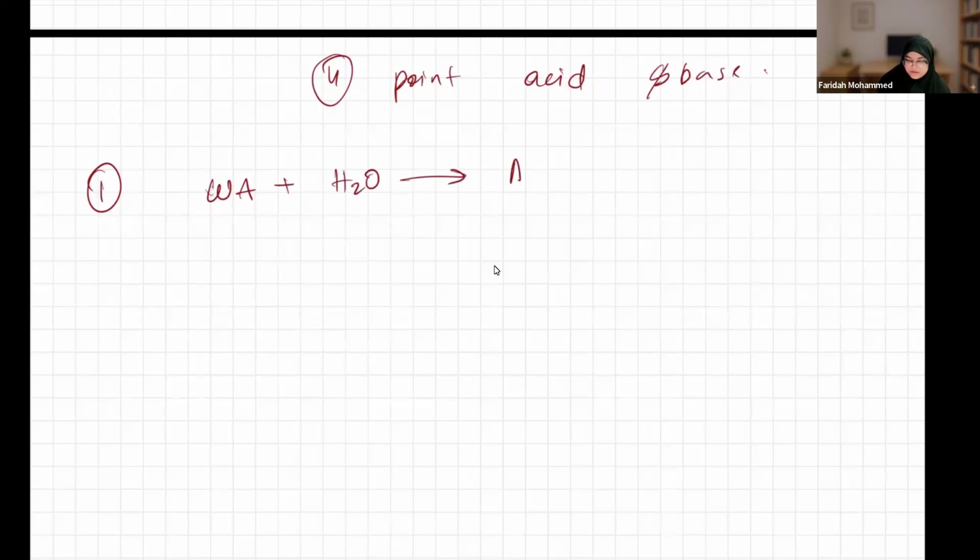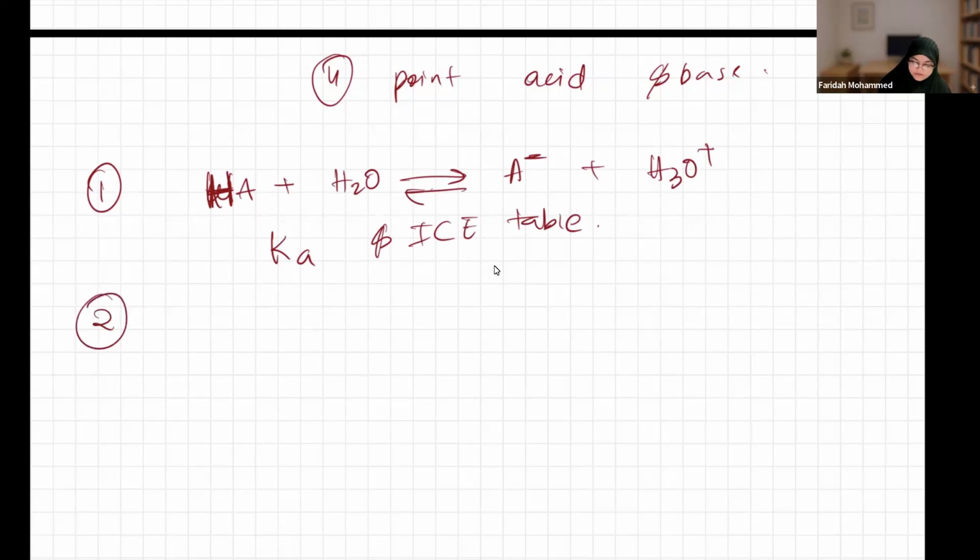So, let's just say weak acid HA and H2O, double arrow, A minus plus H3O plus. For this, you do Ka and an ICE table. I already gave this to you guys, but still.